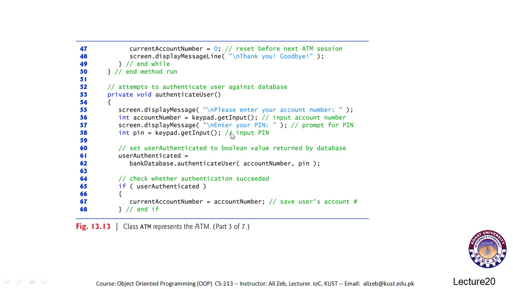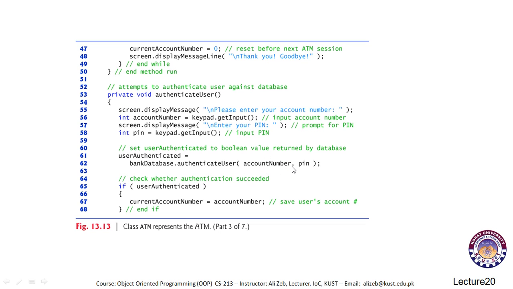Then we will ask the user to enter the PIN code, and similarly we will store the PIN in a local variable. Once we have received these details, we will call the bank database's authenticate user method, providing the details that we have received from the user.